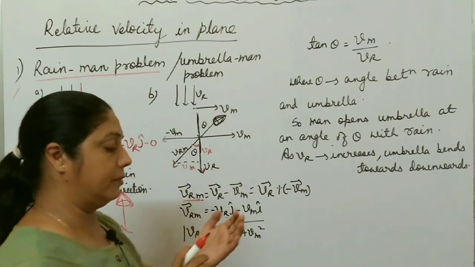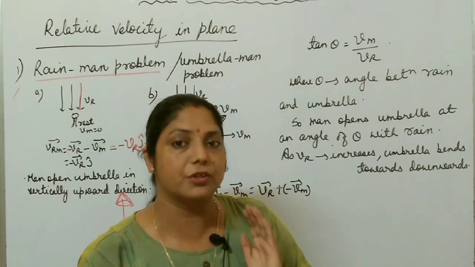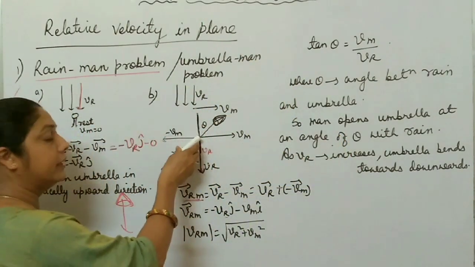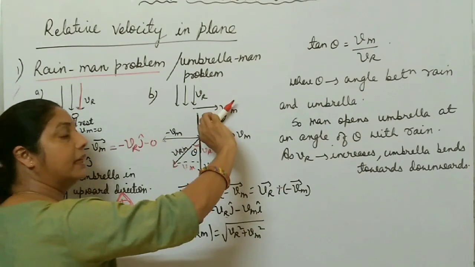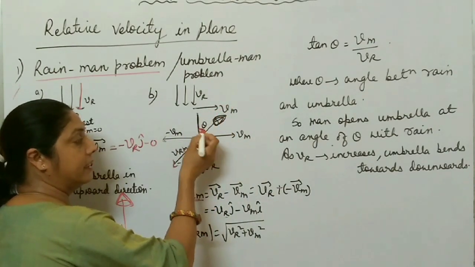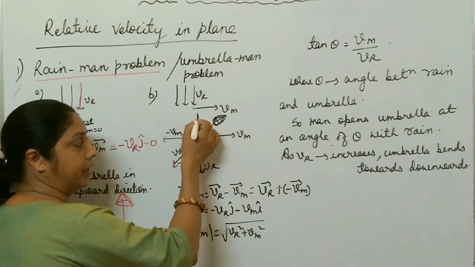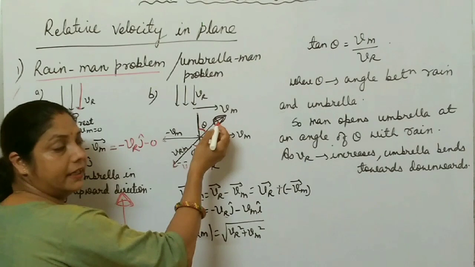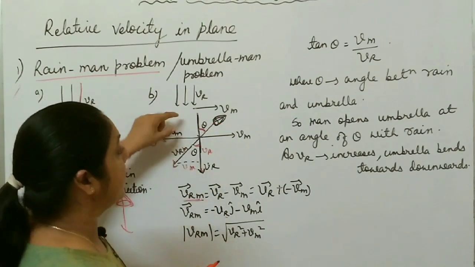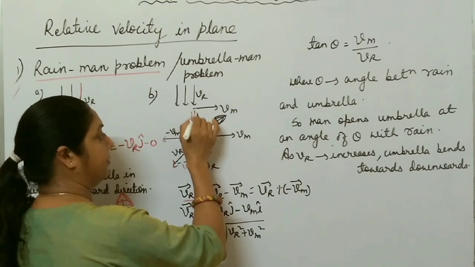So the man always opens the umbrella in the direction opposite to the direction of rain. If rain is falling in this direction, the man opens the umbrella in this direction. Here theta is the angle between the velocity of rain and the umbrella direction. So theta is the angle between rain and umbrella. This is the umbrella and this one is rain.